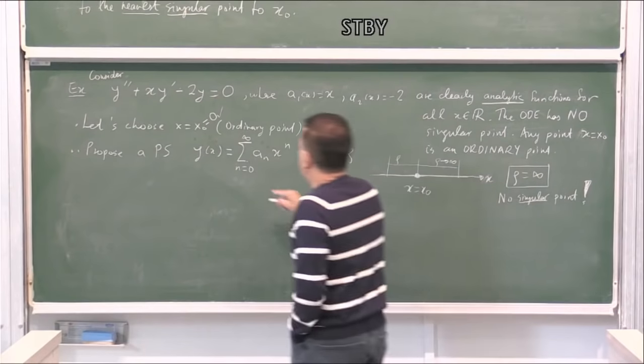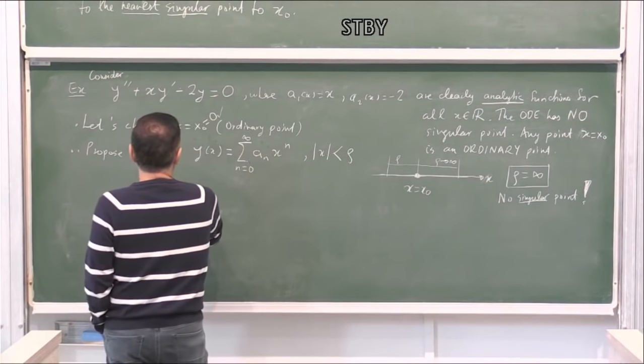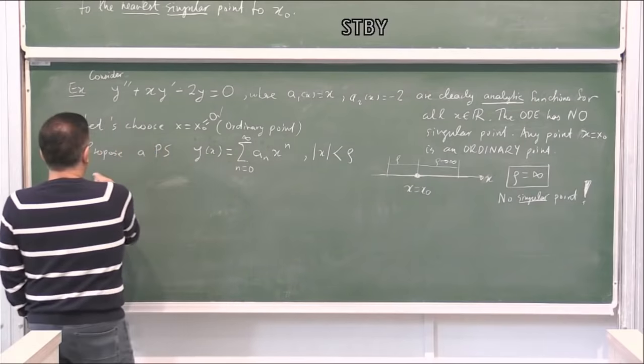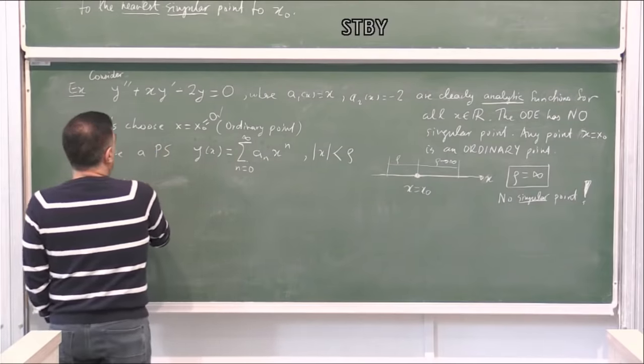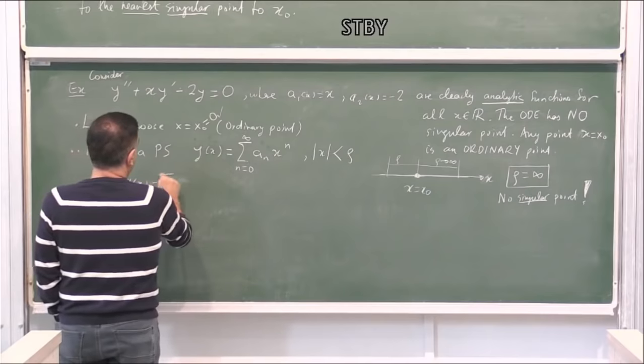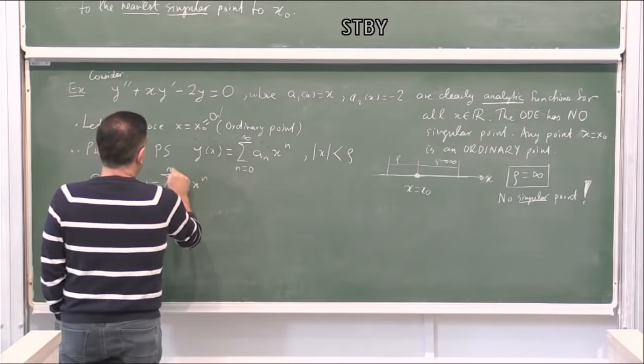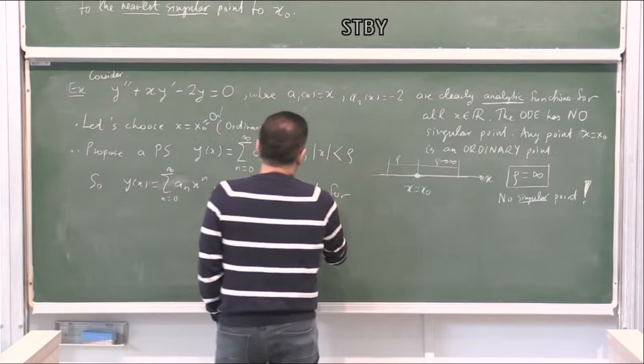So the proposed power series, y of x equal to the sum of a_n x to the power n, will be convergent for all x.